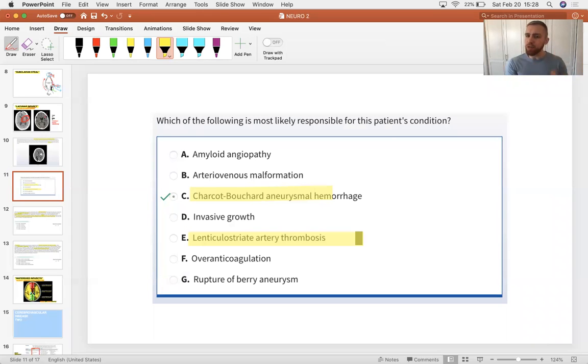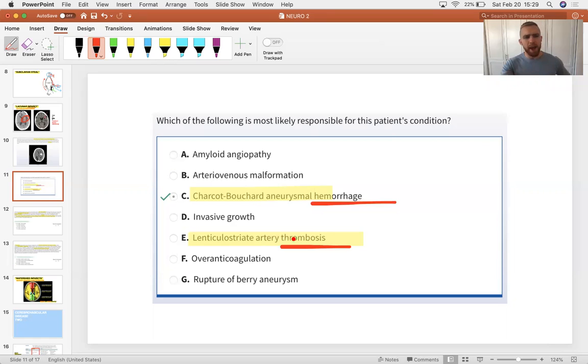Now, the lenticulostriate arteries are affected in both the lacunar infarct and the Charcot-Bouchard aneurysm, but the mechanism is what sets them apart. One of them is a hemorrhage. The other one is an occlusion leading to an ischemic stroke rather than a hemorrhagic stroke, leading to a pale infarct rather than a red infarct. Got to be able to tell these two things apart.